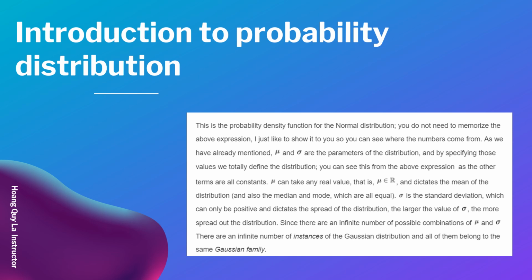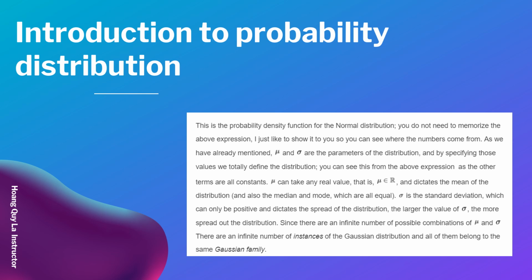So you can see the expression above as the other terms that are constant. Mu can take any real value, that is, mu belongs to R, and dictates the mean of the distribution, and also the median and mode, which are all equal.